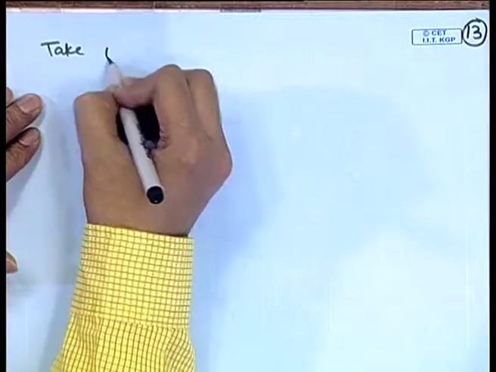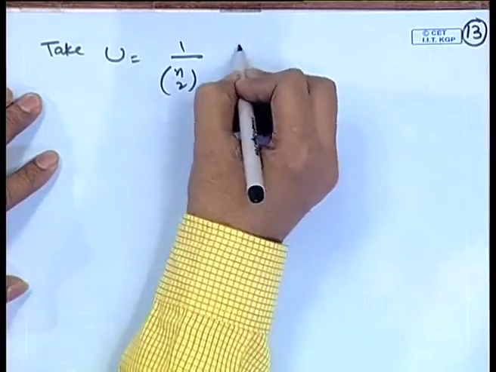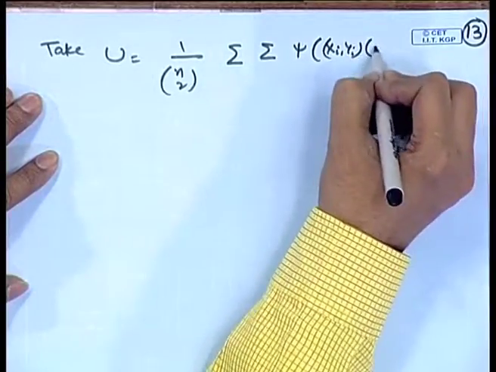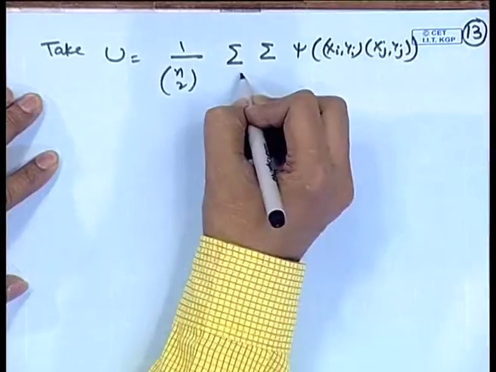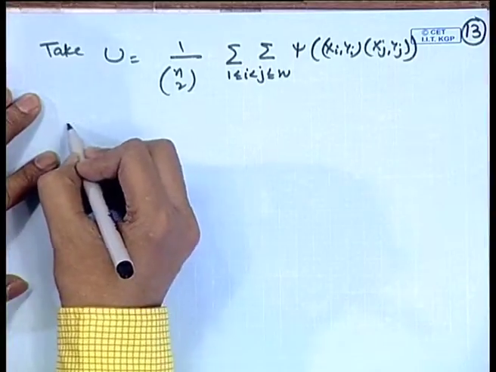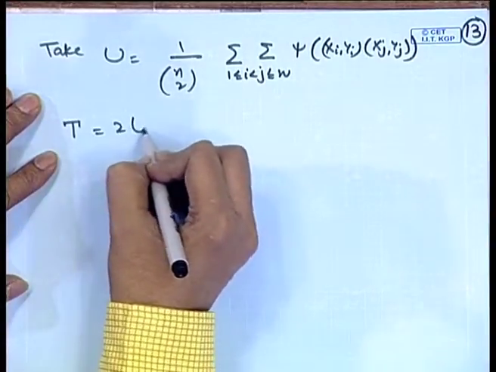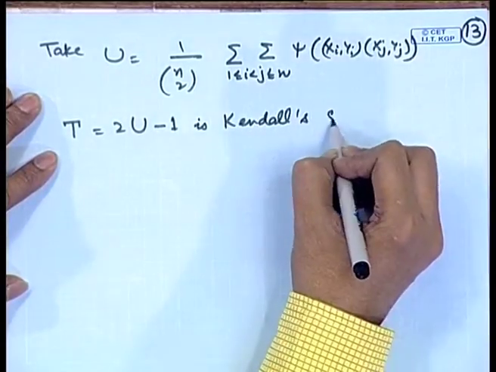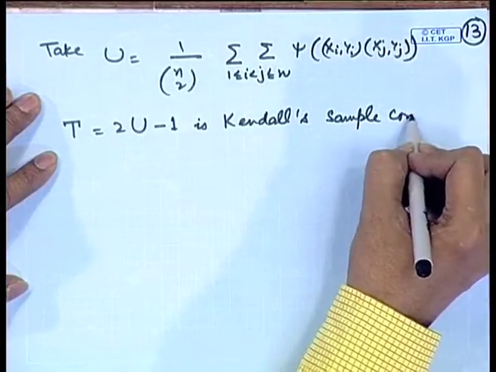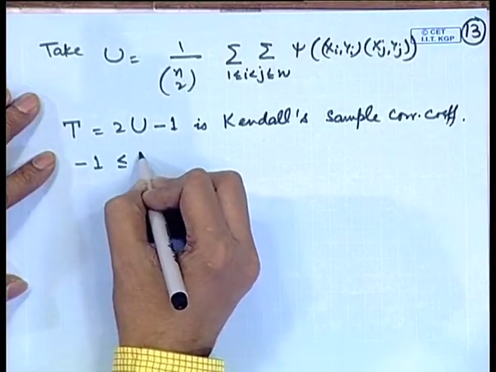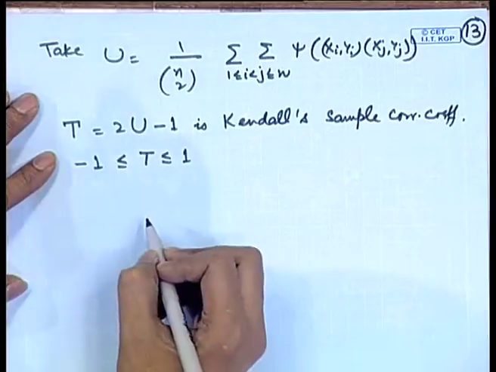That means, we may consider U equal to 1 by n choose 2, over all n choose 2 pairs (xi, yi) and (xj, yj) for 1 less than or equal to i less than j less than or equal to n. Then T equal to 2U minus 1 is Kendall's sample correlation coefficient. Again we will have the value of T between minus 1 and 1.